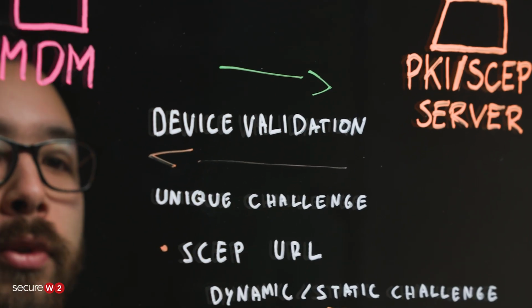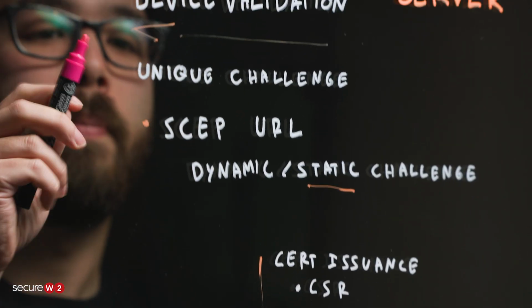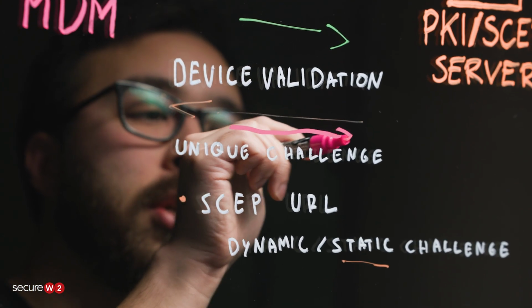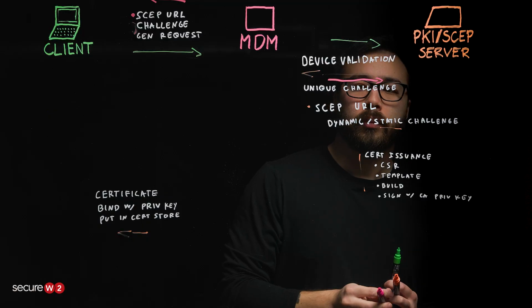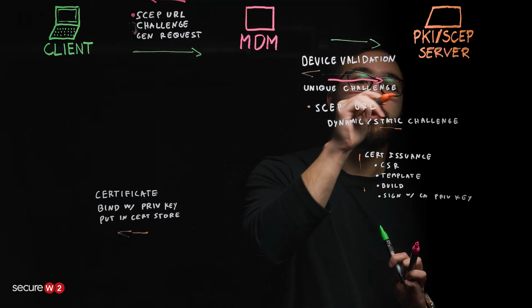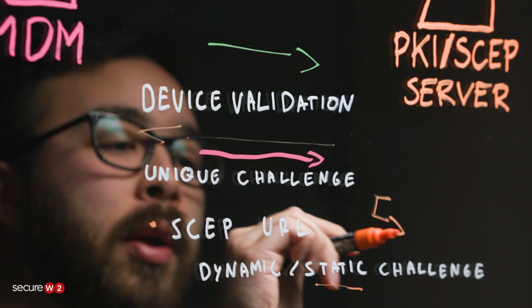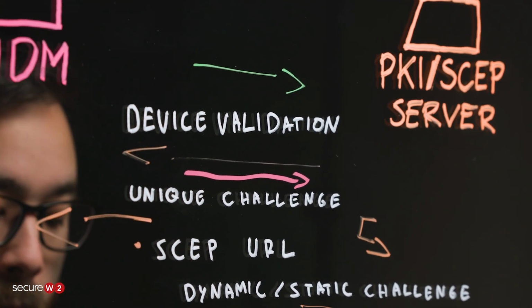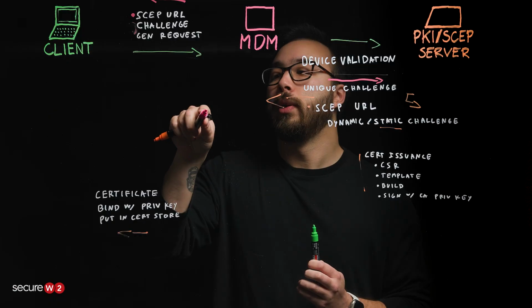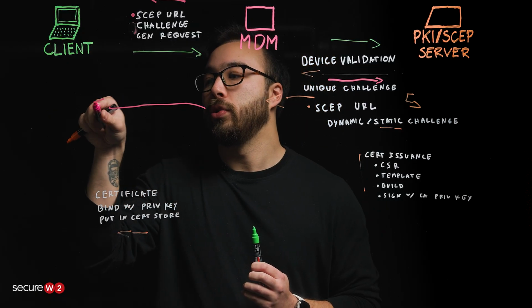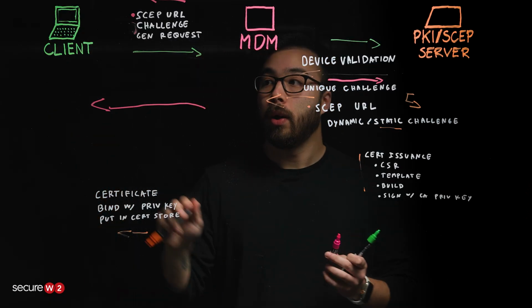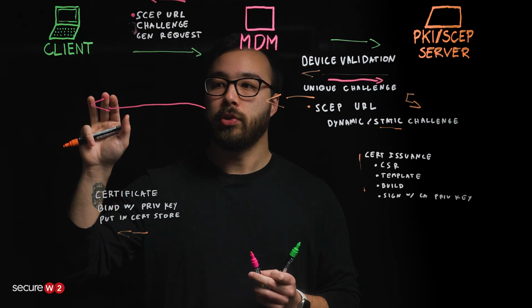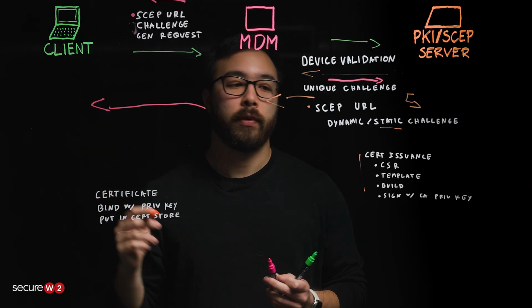After that all happens and the MDM sends back that information to the PKI, then the PKI is going to create this unique challenge and send it back to the MDM. And then the MDM is going to share that to the client. So now the client has everything it needs to actually issue a certificate for itself.